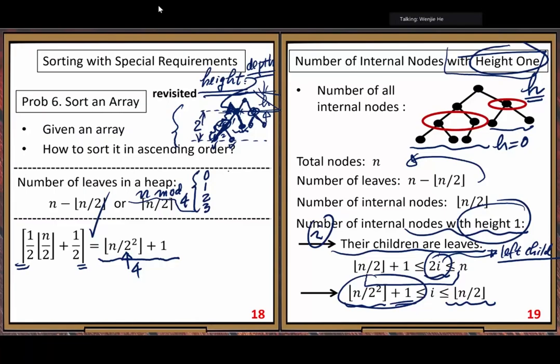For each case, you need to verify. Case 1, you can make n equals 4k. Case 2, you can use n equals 4k plus 1. And so on. Plus 2, plus 3. 4 cases. Plug in. Left-hand side, right-hand side.